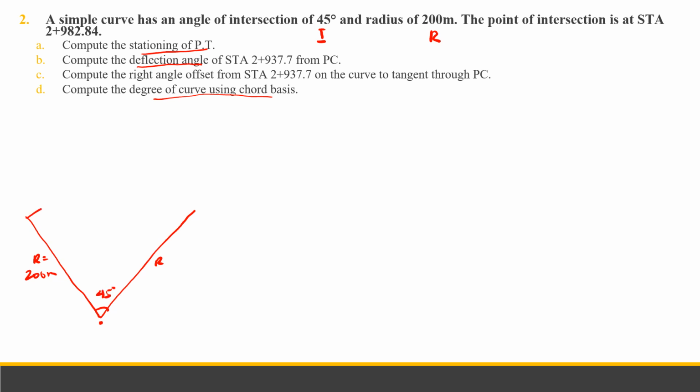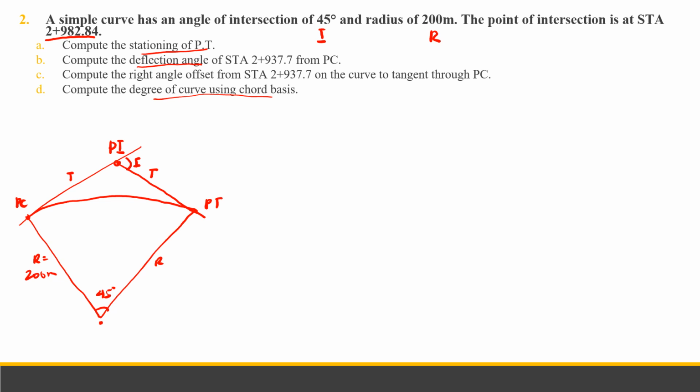So say, ito yung curve natin. Ayan. So yung intersection angle natin, or yung stationing ng PI. So this is PI at station 2 plus 982.84. So this is the tangent distance. This is I. So this is PC and PT.